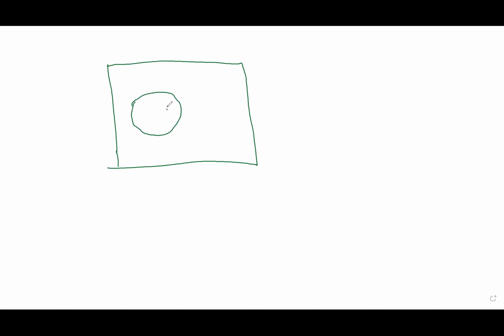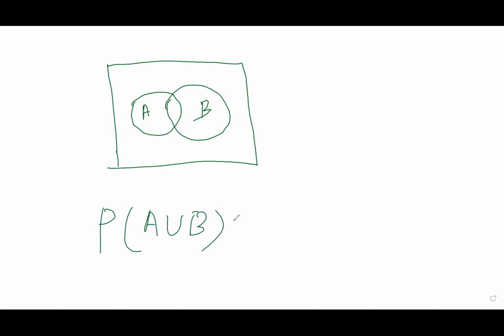Okay, this is a rectangle. And this is a circle. So this is A, this is B. Okay, and now we'll find the probability of A union B. Okay, so this is actually equal to probability of A plus probability of B.